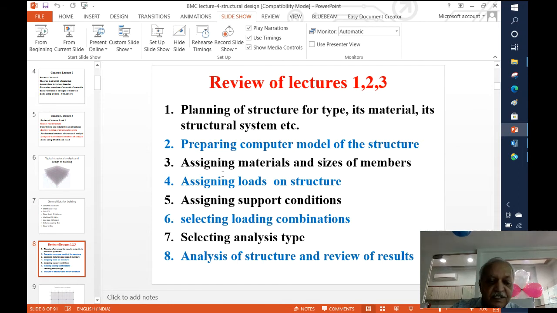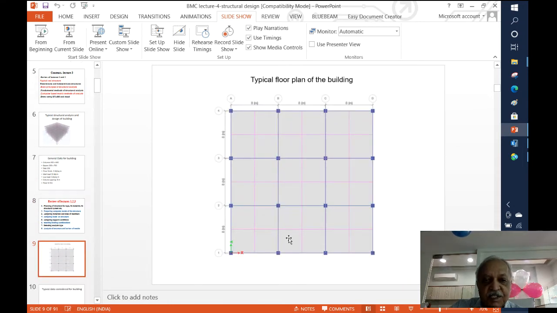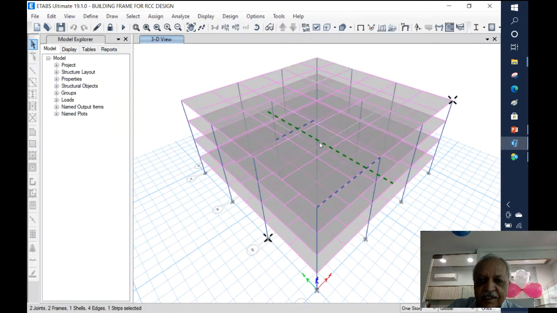With analysis done, we have got the results ready for the different members and the different loading conditions that we have considered.